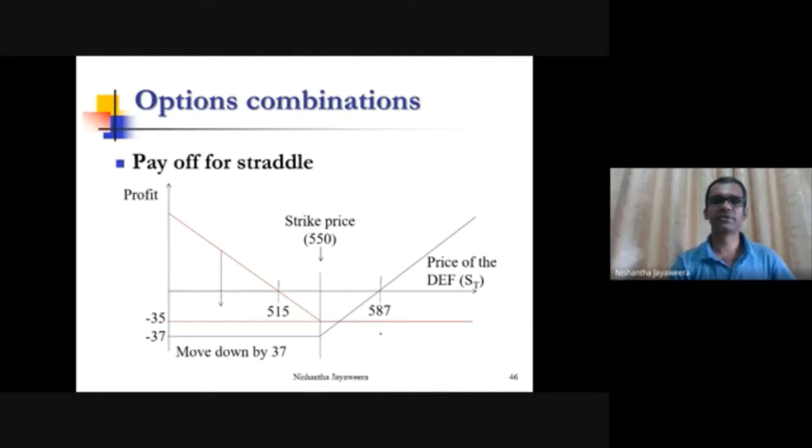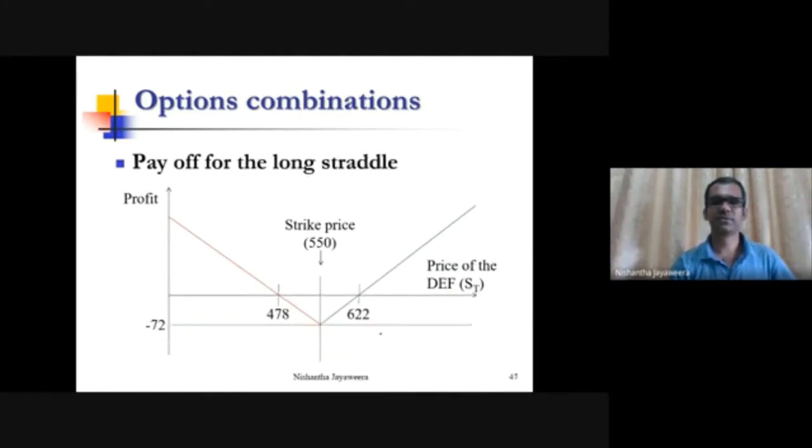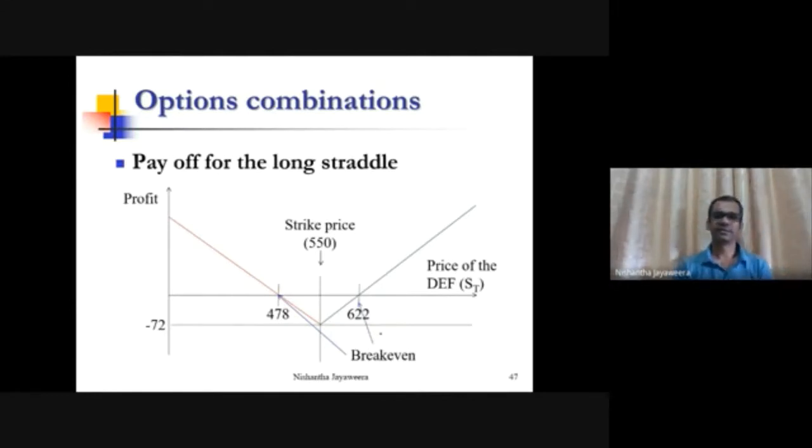When you net it, this is the net diagram. You get 2 break-even points, less than the strike and higher than the strike, but by the same net outlay: 550 minus 72 and 550 plus 72.